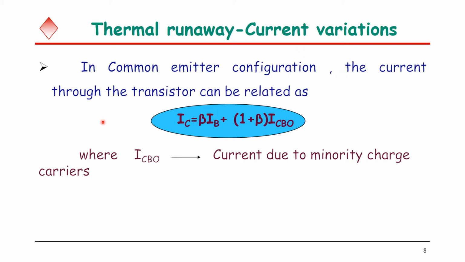As a result, the current due to those charge carriers will also be very small. In most cases, it is negligible. It is given the notation ICBO because here we are discussing the common emitter configuration. This is the current flowing in the collector terminal when the input junction is open circuited.